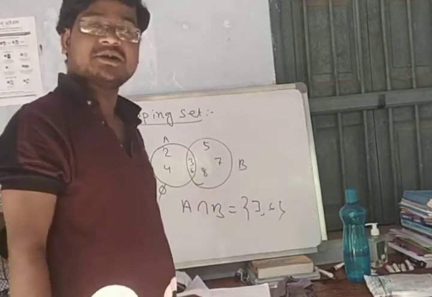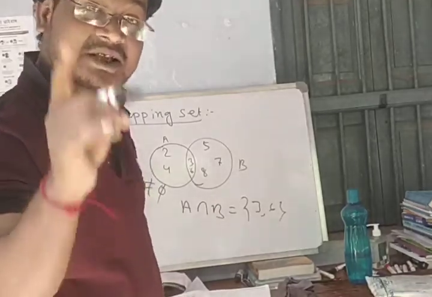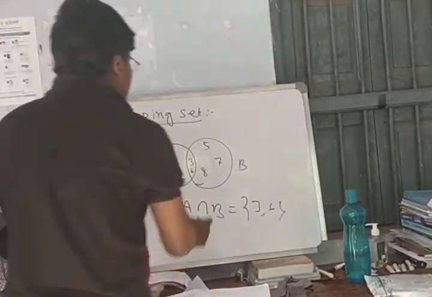And disjoint means their intersection is phi. Disjoint means they will be separate.